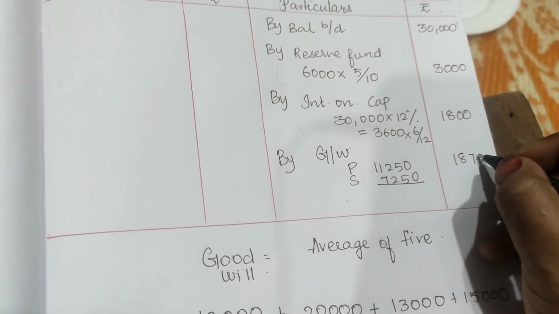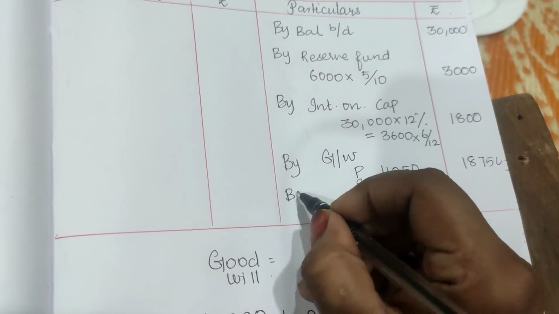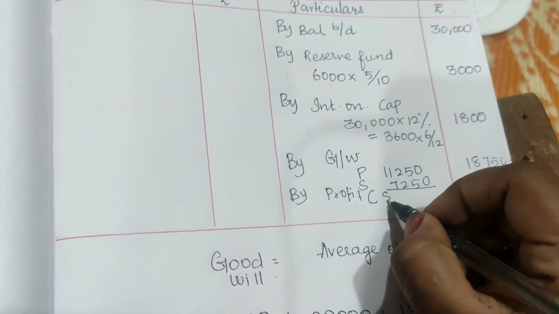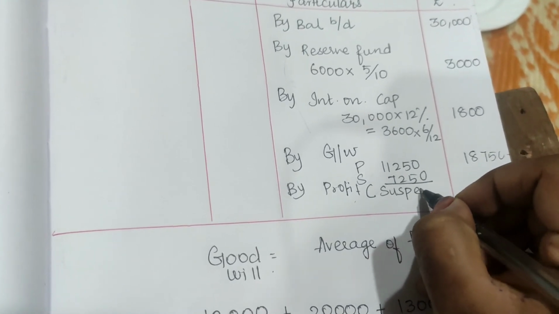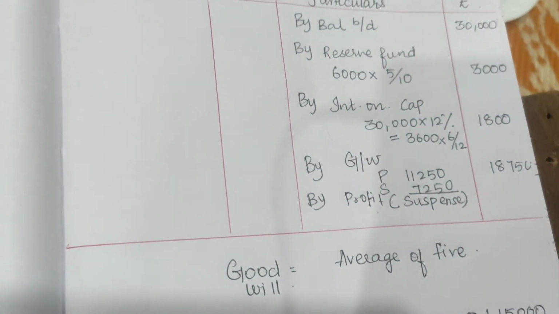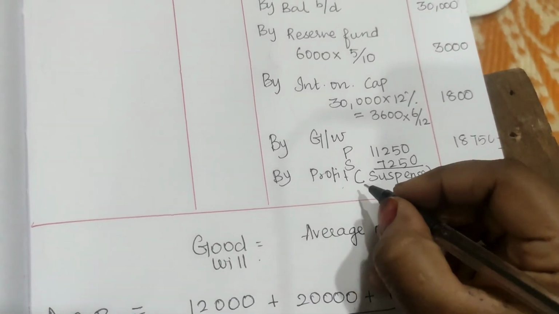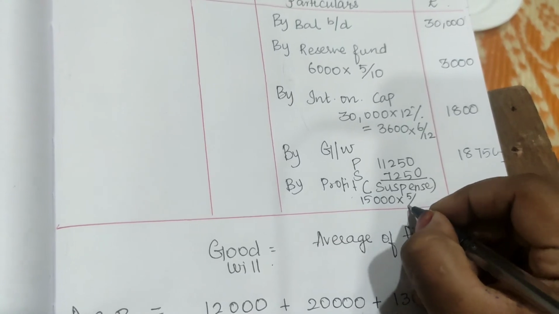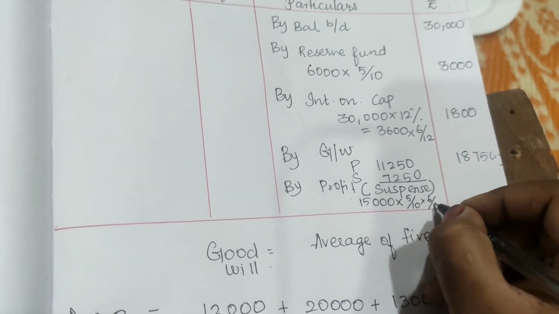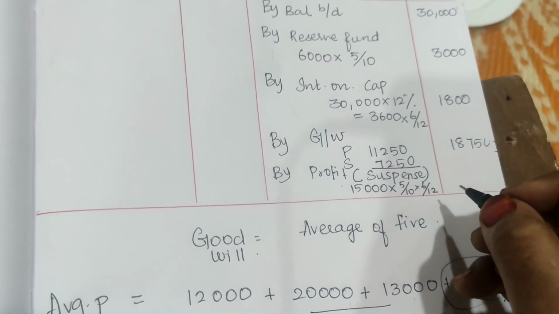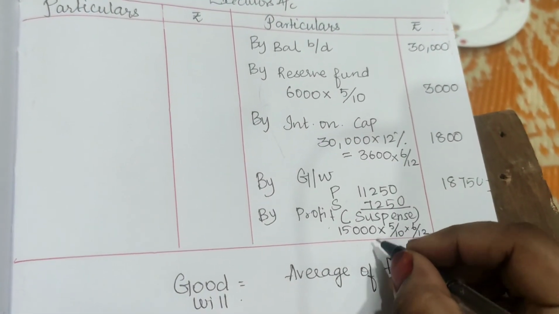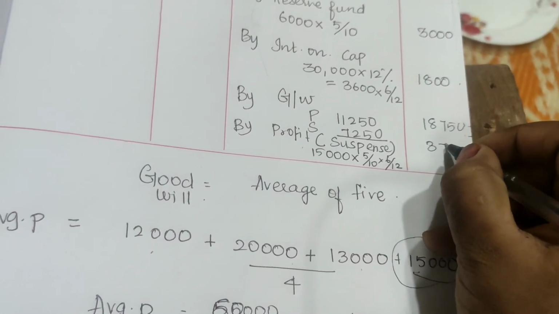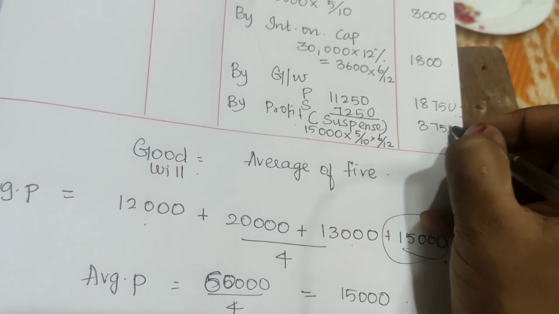Overall 18,750. And by suspense profit, by profit of this year, which is from the suspense account, the immediate last year salary is 15,000. So 15,000 into his share 5/10 into 6/12. By that his share is 3,750.